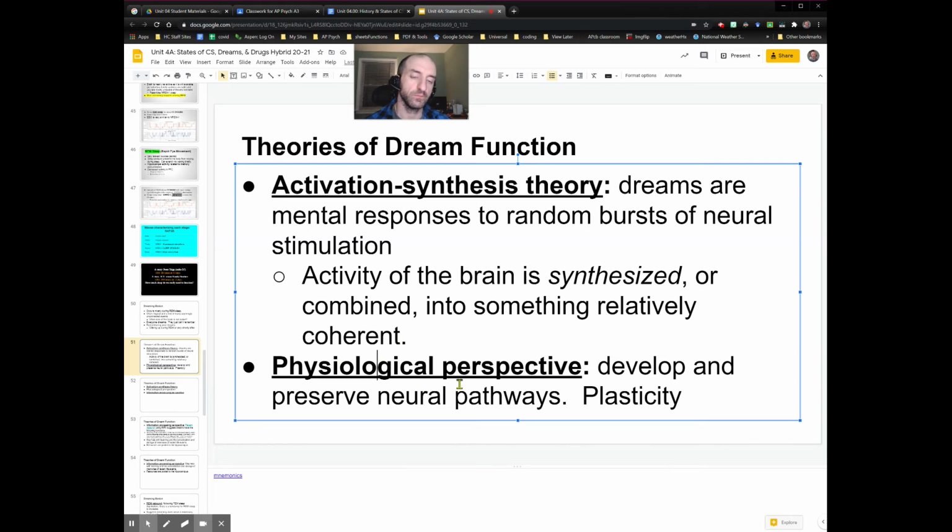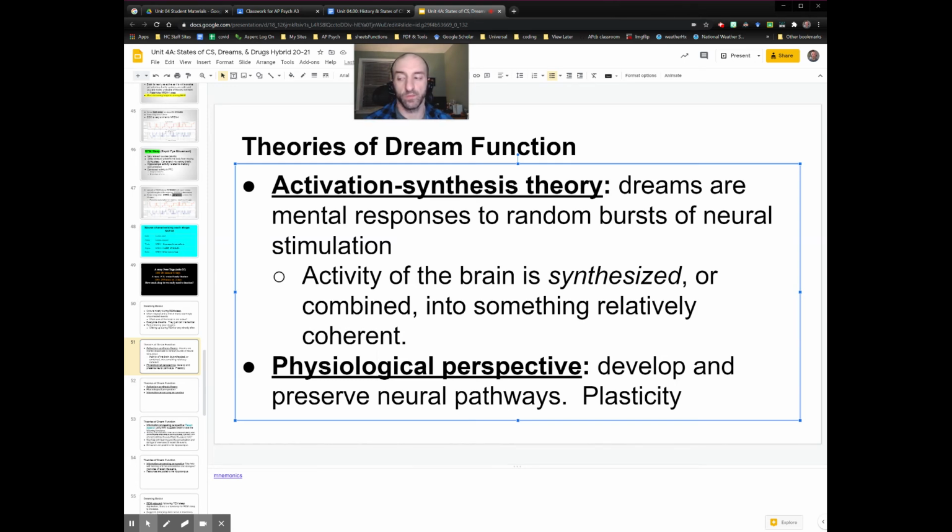Other theories of dream function here, this physiological perspective. So it's like the reinforcement of the neural pathways. Your brain is trying to preserve and strengthen the pathways, and it's going to also activate neurons around there. And that's why, for example, you're like, well, why did I dream about my 12th birthday party or something?